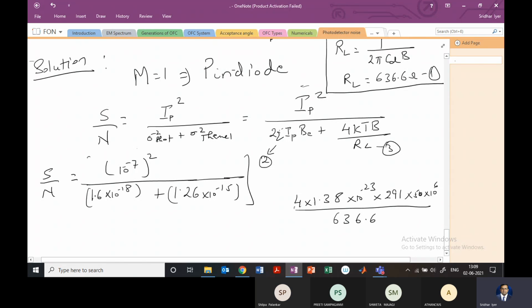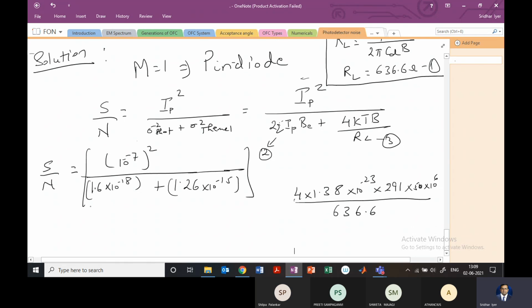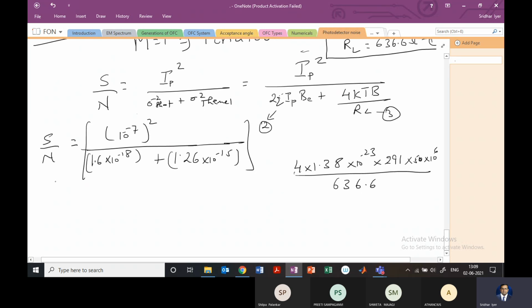Okay. So now we have the equation for signal to noise ratio. All you have to do is add the denominator and then divide the numerator and denominator. We'll get an answer. So that 10 raised to minus 7 square I'll replace and write as 10 raised to minus 14.